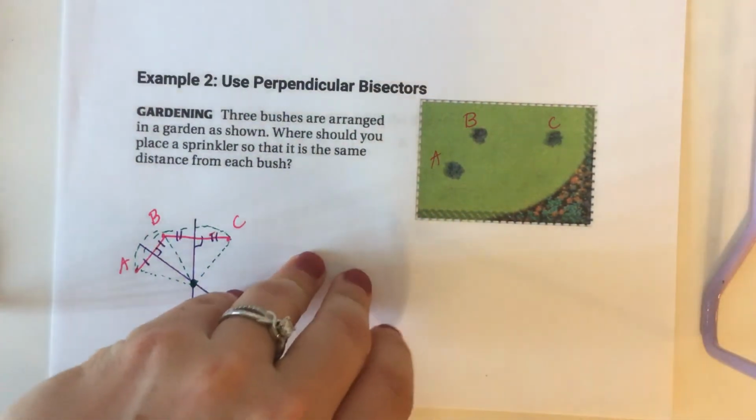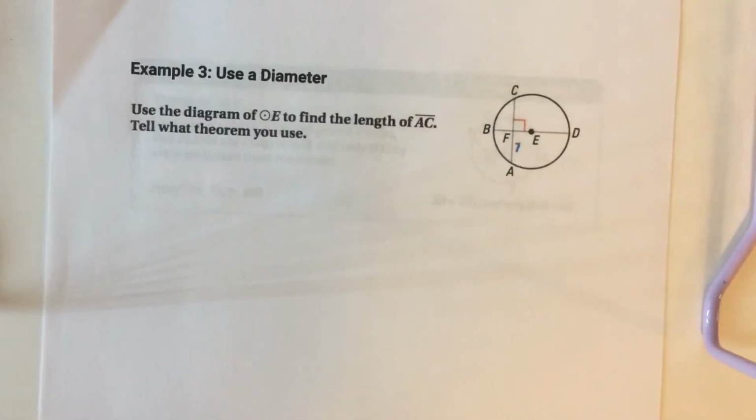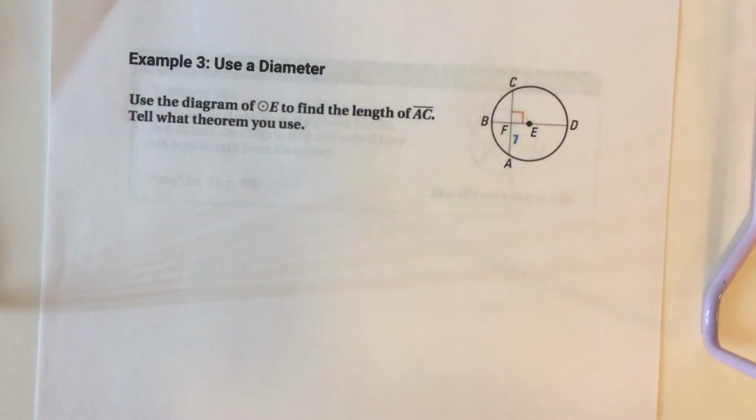And the examples that you are going to see more of with this theorem look something like this. We are going to use the diagram of circle E to find the length of segment AC and then tell what theorem we used.